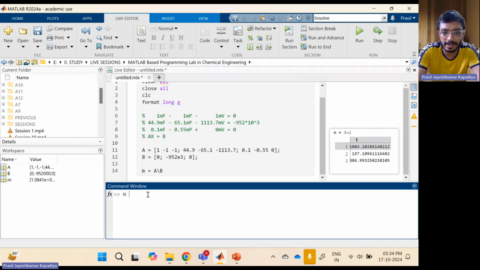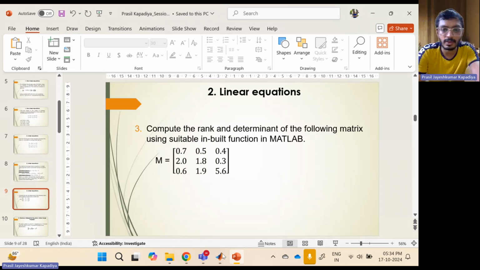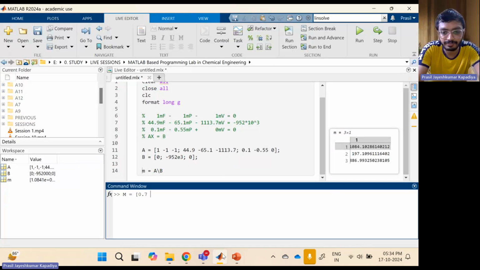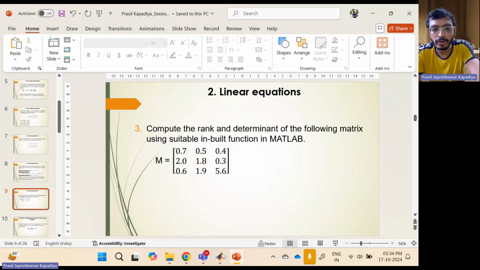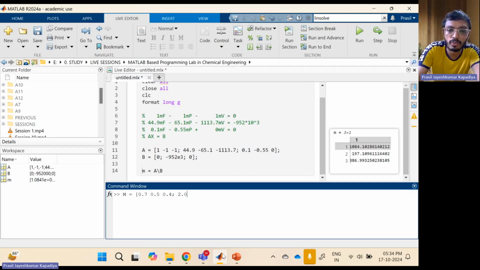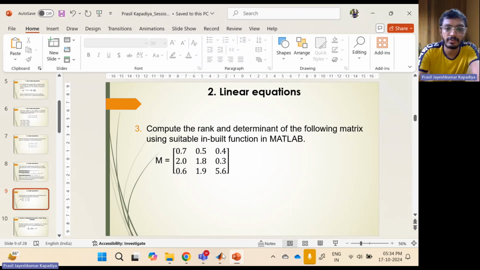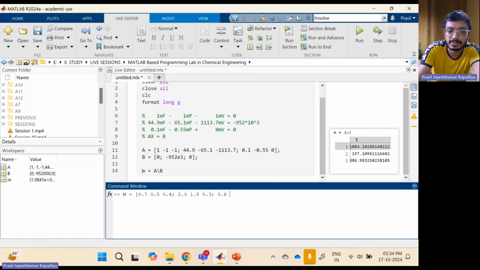My M is equal to: first row 0.7, 0.5, 0.4; second row 2, 1.8, 3; and third row 0.6, 1.9, 5.6. Okay, so this is my matrix M.